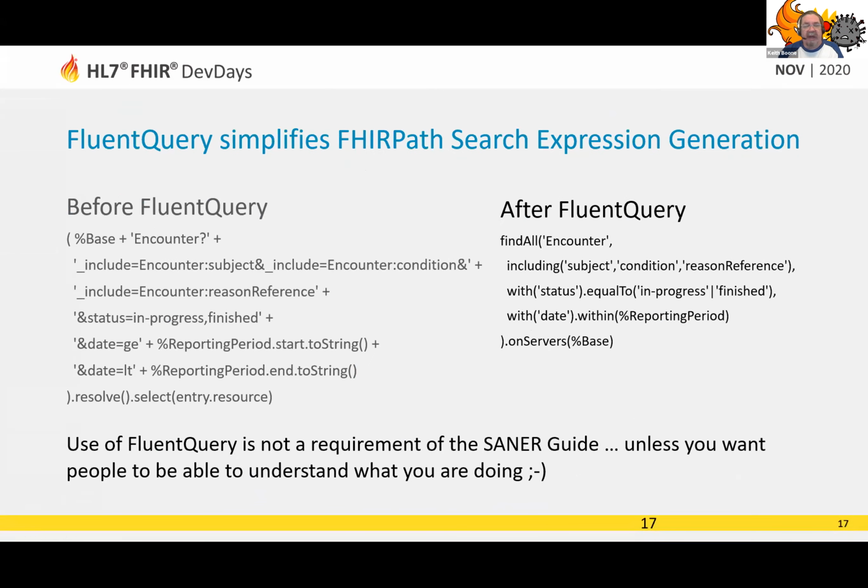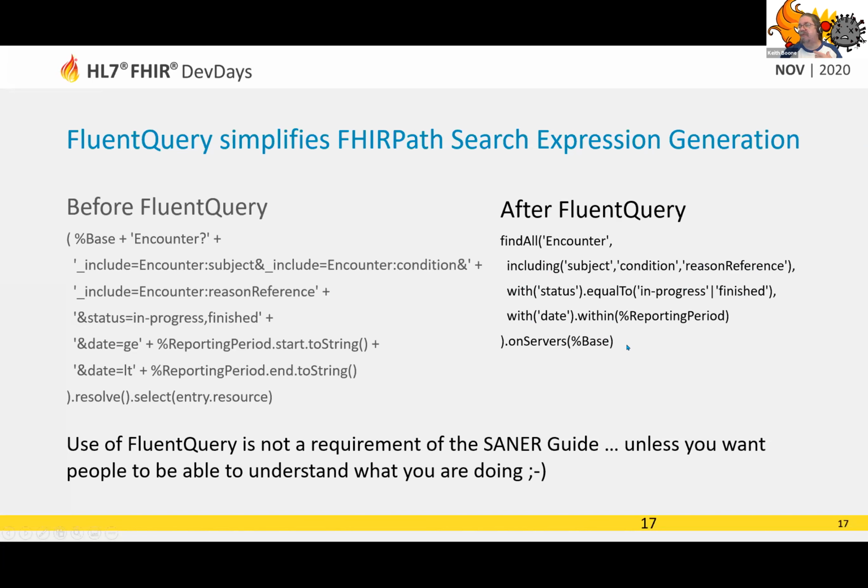I talked a little bit about how we cheated a little bit, in that we wrote this very nice looking FHIR query where we said find all encounters that include all of these particular references with this particular value equal to that, and with a date within a reporting period.